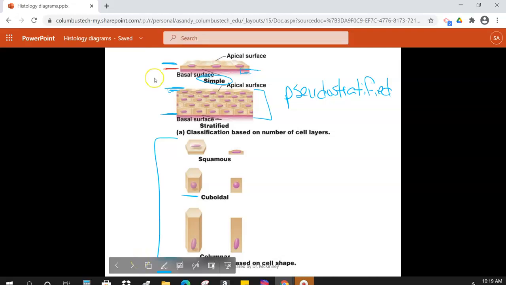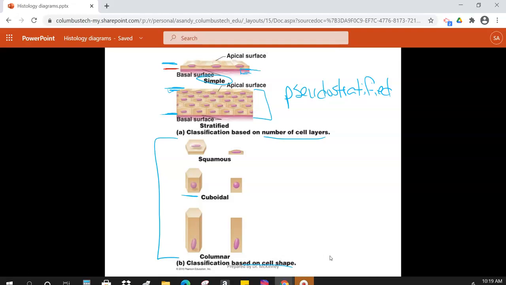So the first classification is based on the number of cell layers, and the second classification is based on cell shape. So when you see epithelial tissue, you will see that it is named by the number of cell layers and the cell shape.